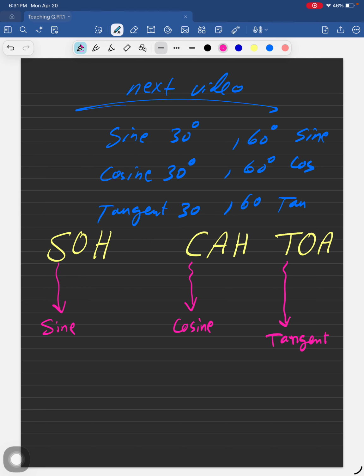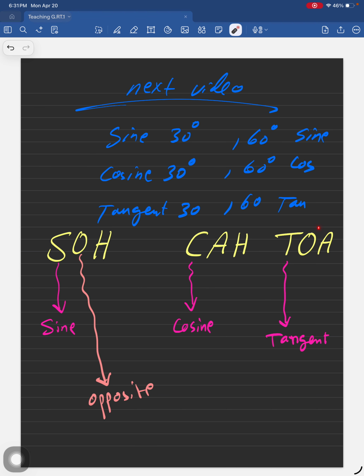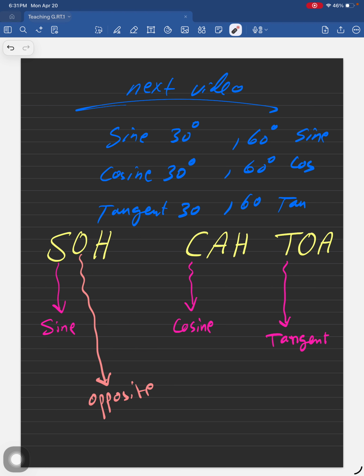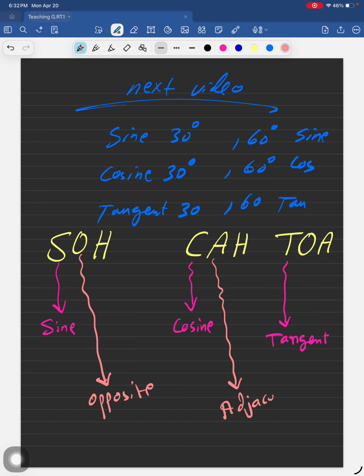For the O, in this case it represents what we call the opposite. The O here is the same as the O on this side, which is also the opposite. Now we can talk about the A. The A represents the adjacent, and the A here is the same as the A here, so here is the adjacent.